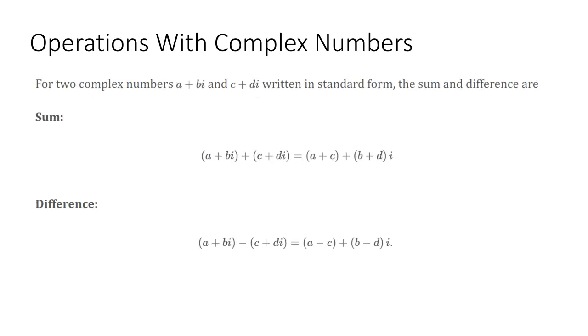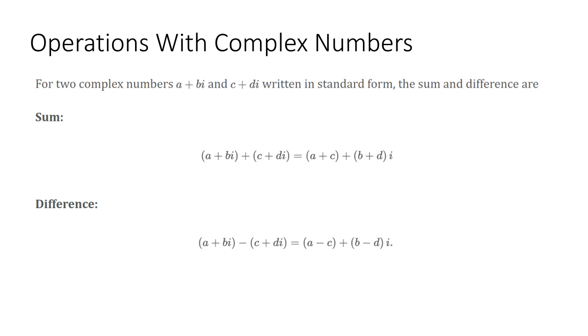All right. So what we're first going to do is let's do some basic operations with complex numbers. So we're going to add and subtract complex numbers. So again, the instructions to do this are very easy. To add two complex numbers, all you have to do is add the real with the real and the imaginary with the imaginary.